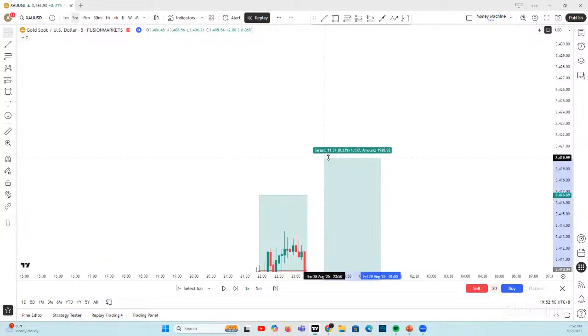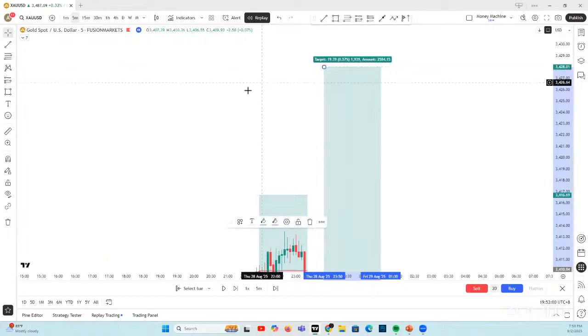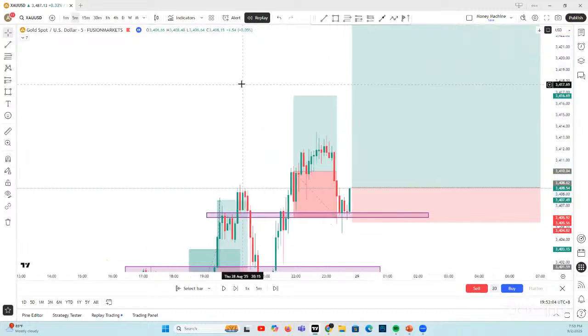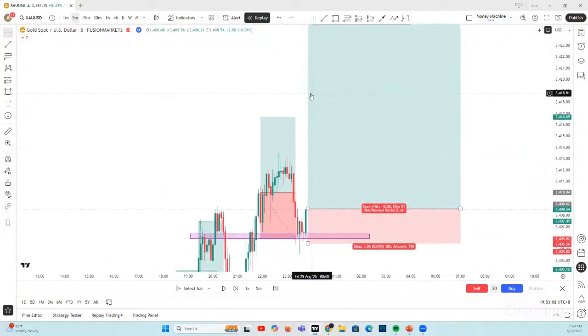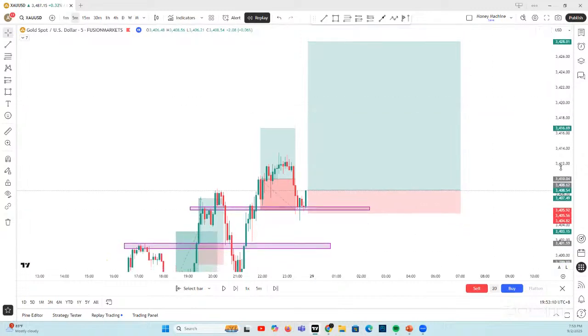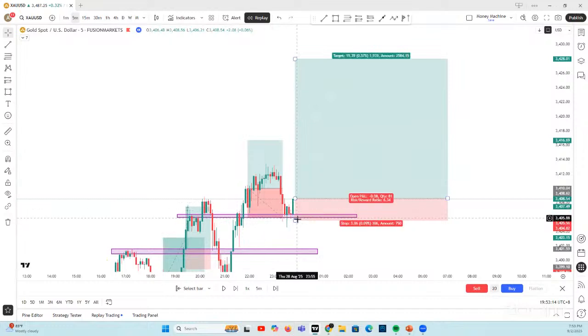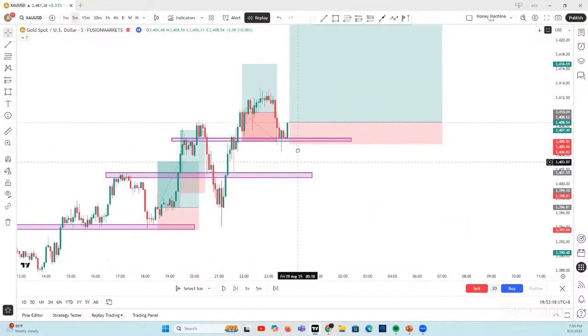Okay. Will it hit this take profit? Who knows, my man? Anything can happen in trading. But let's see. If it's all giving you these bullish patterns there, okay?